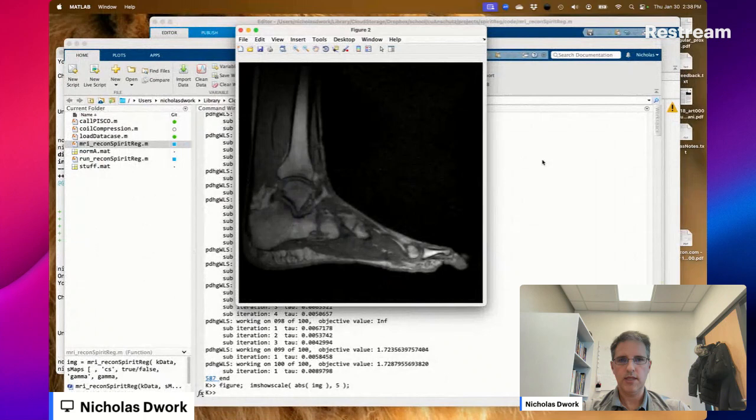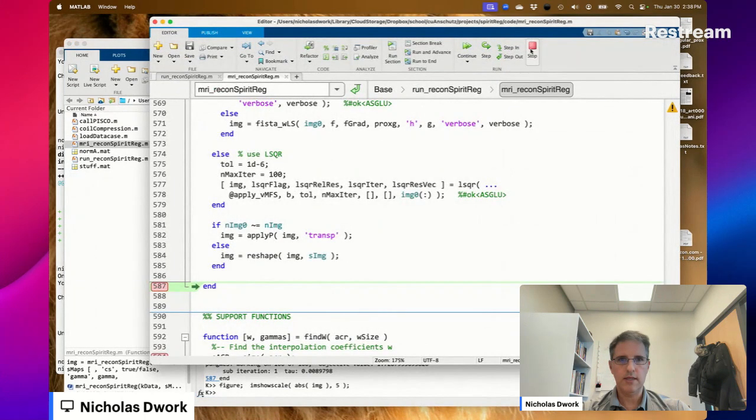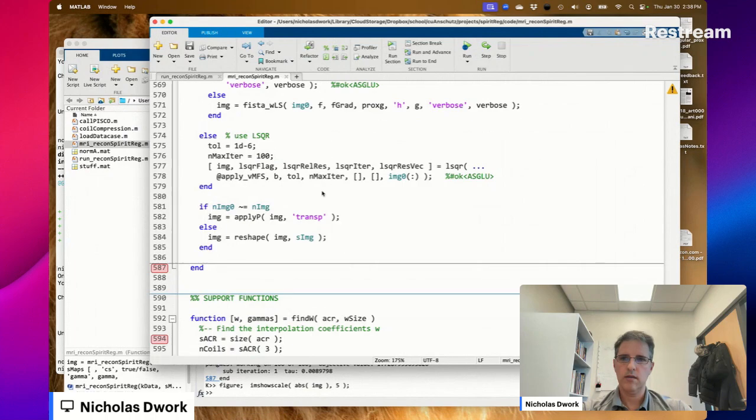Yeah, it is. It's better than zero filled. Still got this grid pattern there. That's maybe what we got. Okay.